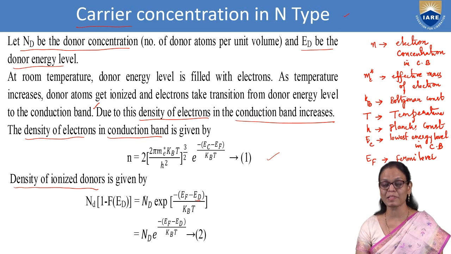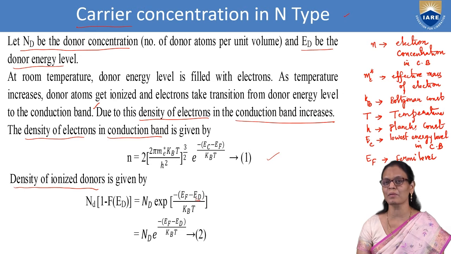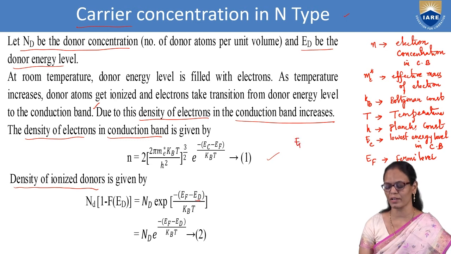So Nd here represents the donor concentration. Definitely, the number of electrons depends upon the number of donor atoms that are added or ionized. And Ed here represents the energy of the donor level.